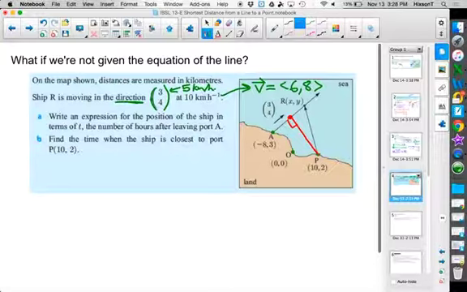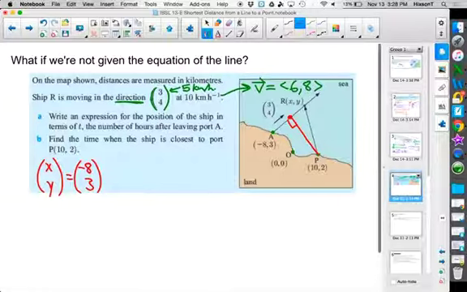Okay? So, the position of the ship, we can call XY. We're writing a vector equation here. Where was the ship's starting point? Good. It started at -8,3.